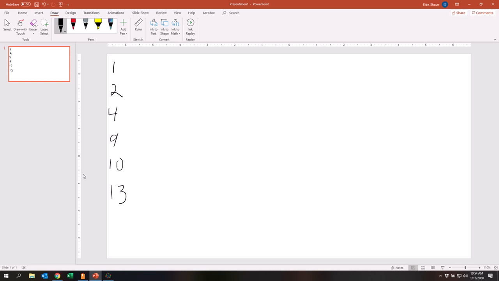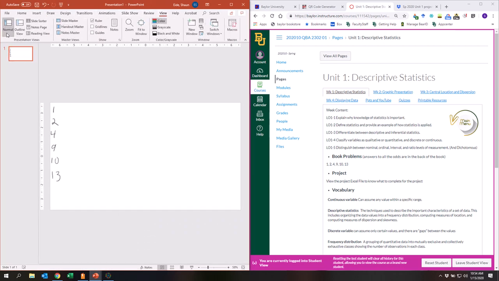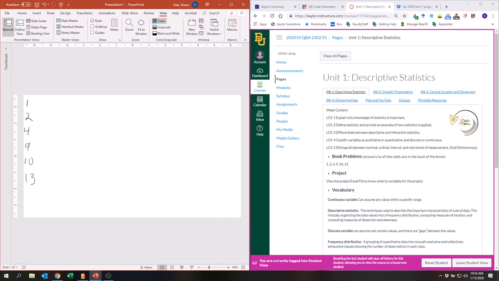And just pretend that I'm doing this on a piece of paper. You can do this on Excel if you want to, but I'm going to do this on a piece of paper, theoretically.